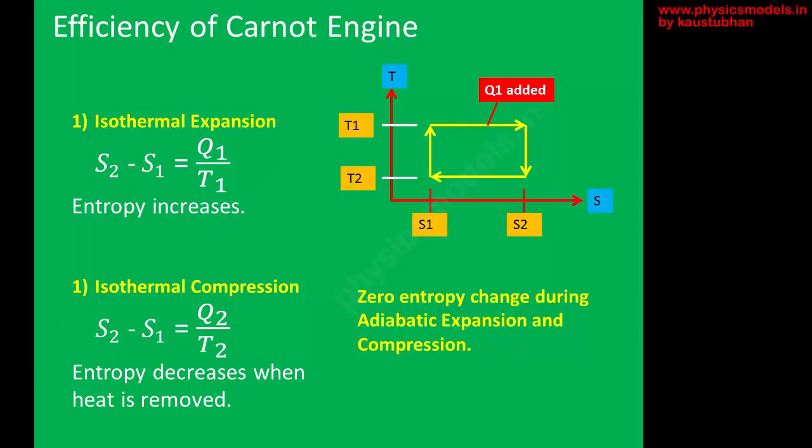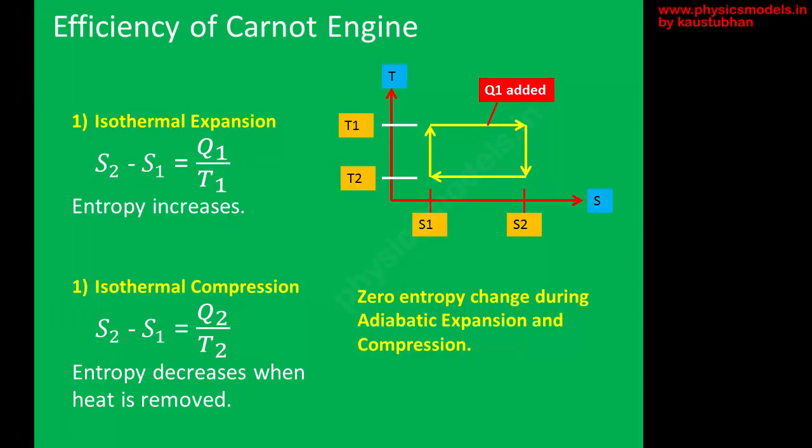Let's look at the equation. The change in entropy will happen when there is a heat input or output at a constant temperature. That's the definition of entropy. So on the isothermal expansion, the top yellow line, throughout the entire line, Q1 was the heat that we gave to the gas.